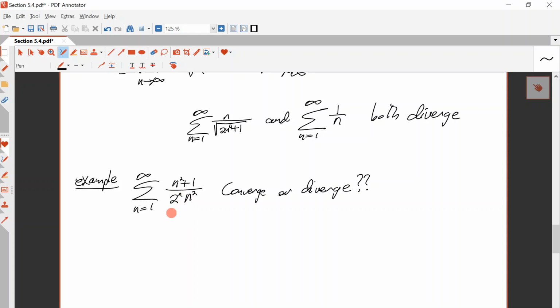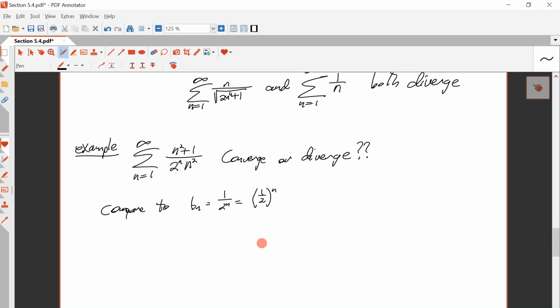Exponential functions are very fast-growing functions, and essentially they beat out polynomial functions. So I want to compare this not to a rational function, but to this exponential function. So let's compare to 1 over 2 to the n, which is 1/2 to the n. And we know that series of 1 over 2 to the n converges because it's a geometric series whose ratio is less than 1.